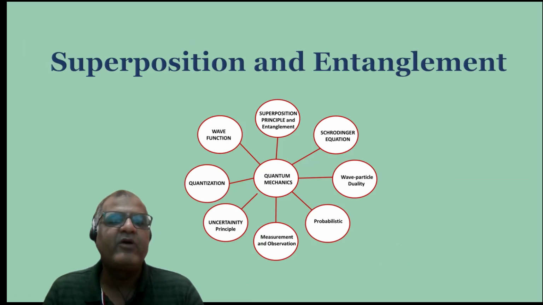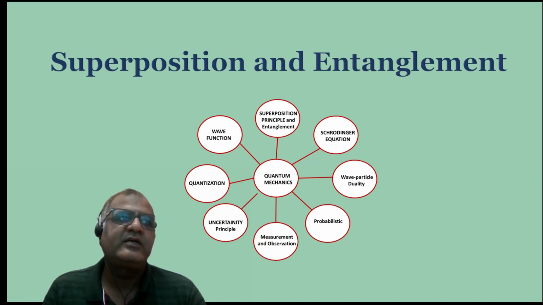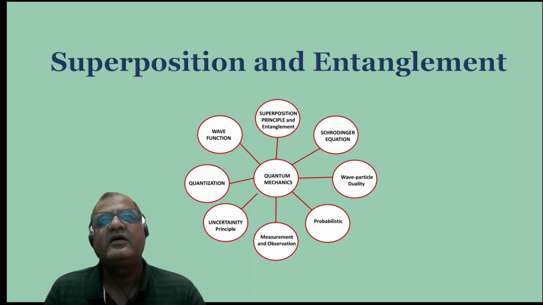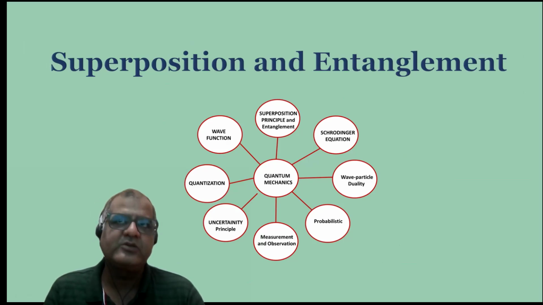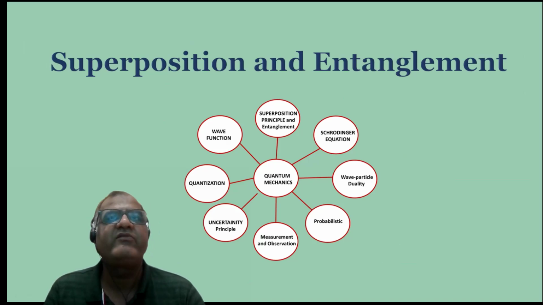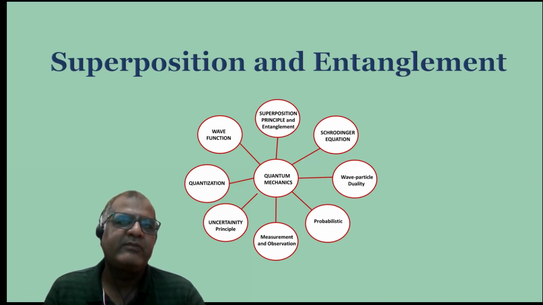Superposition is a very important property, because using it, you can do fast calculations in quantum computers. Similarly, entanglement means the state of one system can influence another system, regardless of how far apart they are. This is also a very important phenomenon, used in quantum communication and quantum information processing.